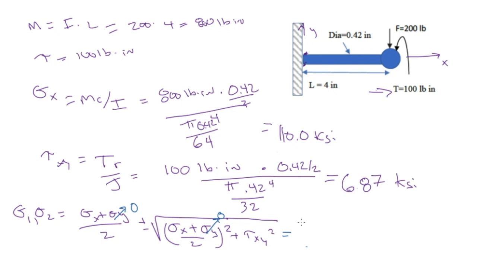And we get 110 divided by 2 plus or minus 110 again divided by 2 squared this time.